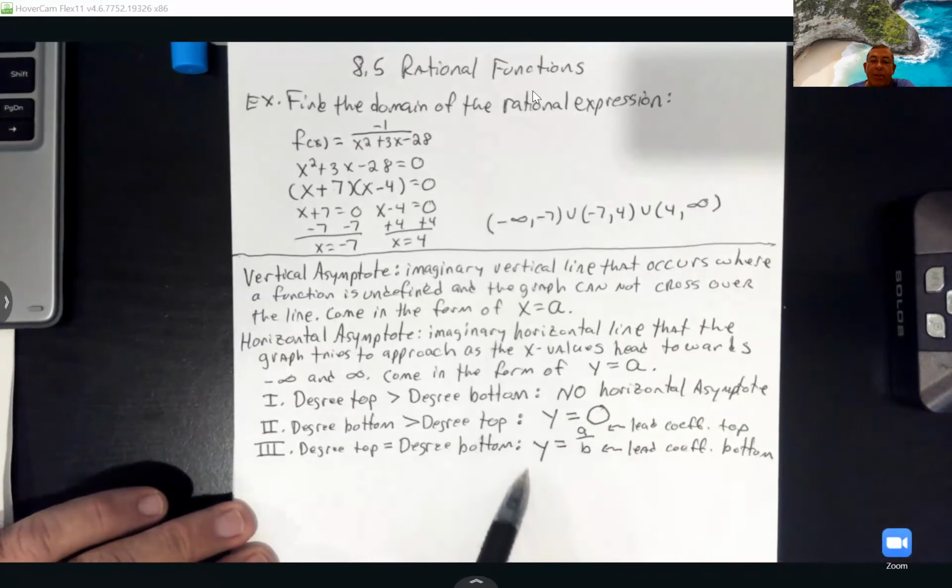So y'all, there's one more case that can happen, and it's what we call an oblique asymptote.